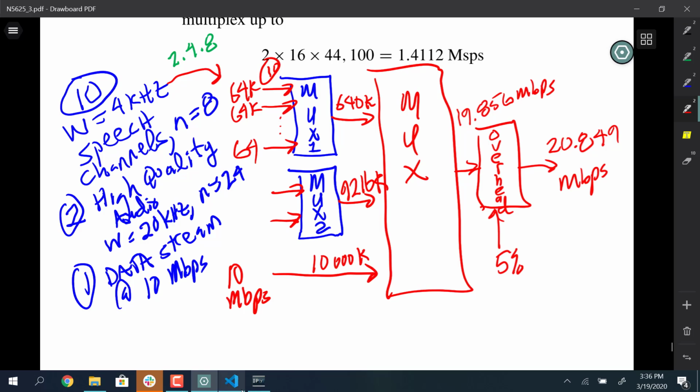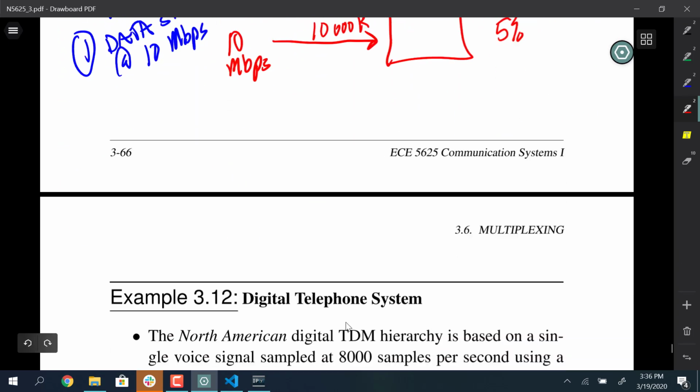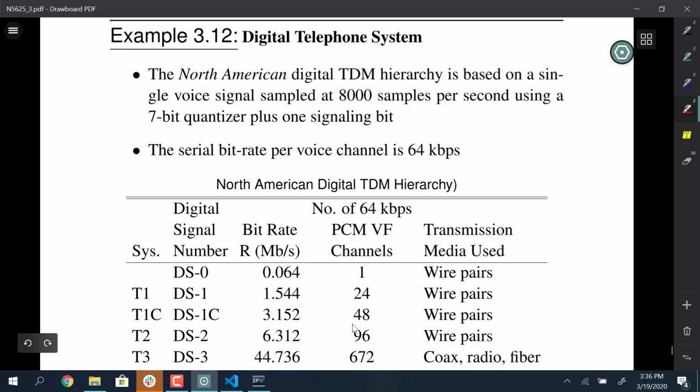application. Down here, the next example is the digital telephone hierarchy, called the North American Time Division Multiplexing, or TDM, hierarchy, based on a single voice signal that's sampled at 8,000 samples per second and uses a 7-bit quantizer plus 1 signaling bit.